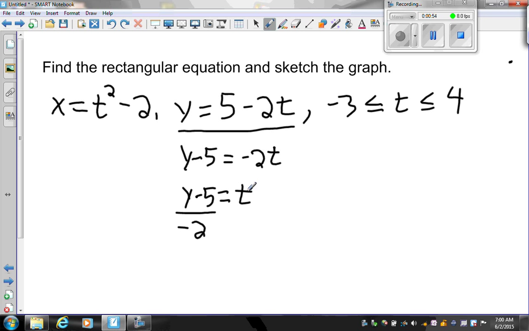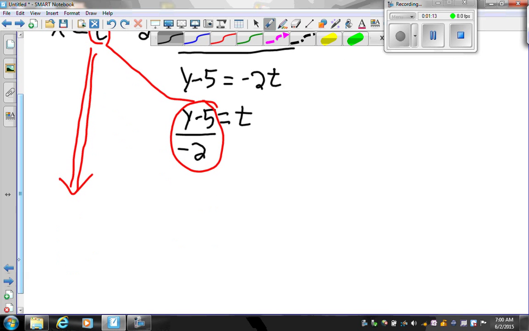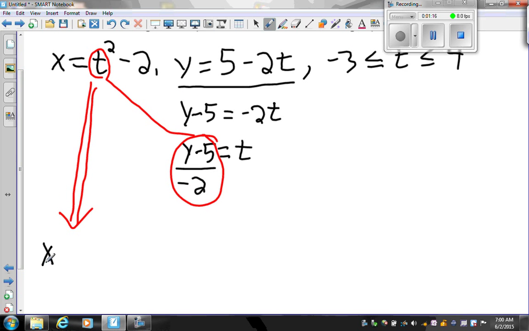Then we can use that to substitute in for t in the other equation. So this tells us that x is equal to y minus 5 divided by negative 2, squared, minus 2.